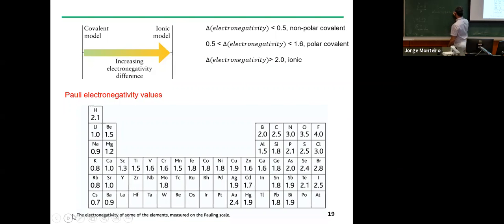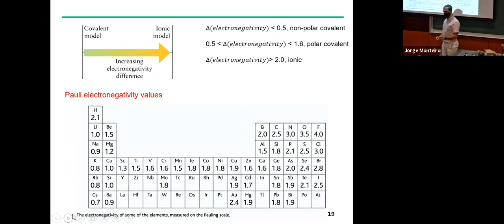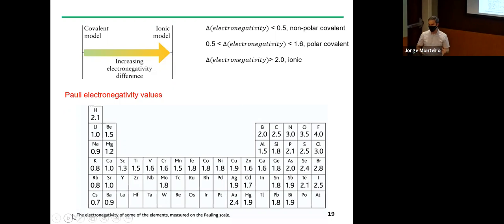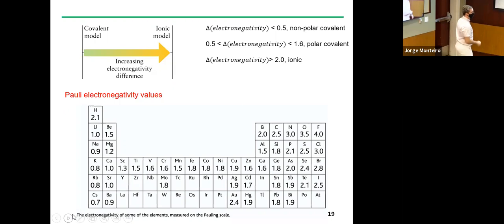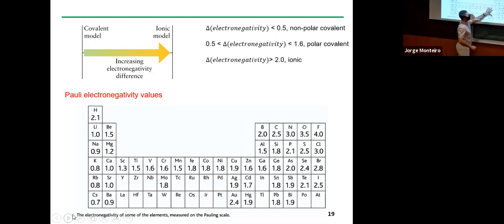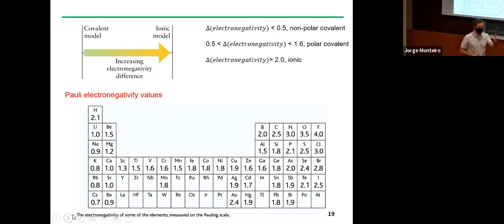So the difference here is 0.4. See here that the difference is not zero, but it falls in the range for non-polar bonds. That's how you would use those values to figure out which range you are in.